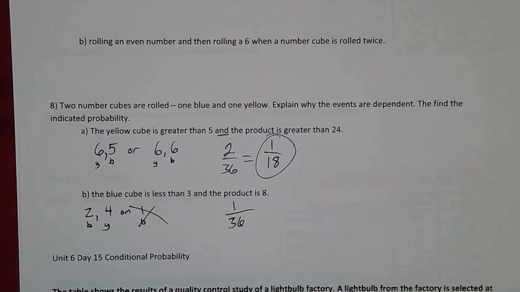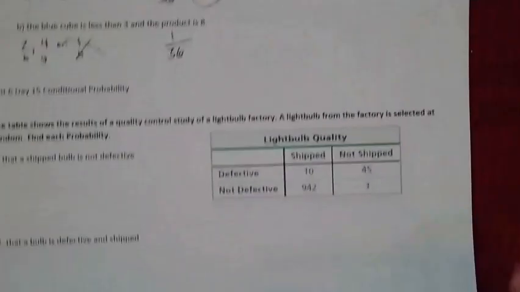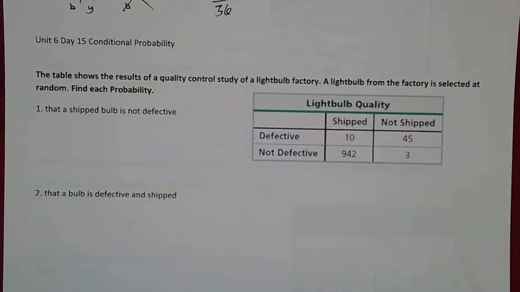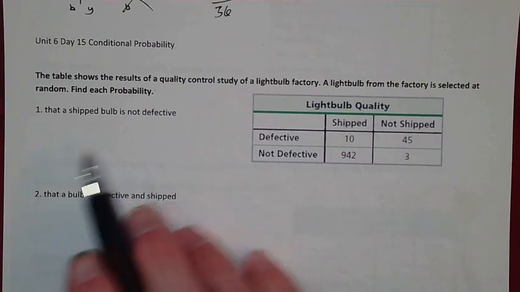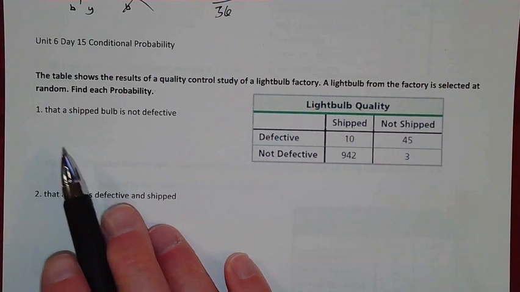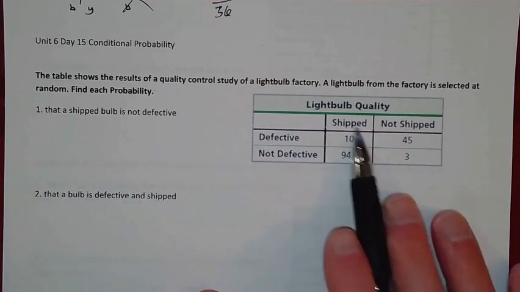Okay. Now, the questions that I was getting mostly were from the conditional probability, and so I'll definitely want to spend a little bit more time on that. And as I look at the questions here, the thing that jumps out at me, and maybe this is why people had so many questions about this, is that we're going to have to do what we did with these tables previously, and it's going to be important for us to add up these columns. When I say find the probability that a shipped bulb is not defective, well, the shipped bulbs, that's all of these.